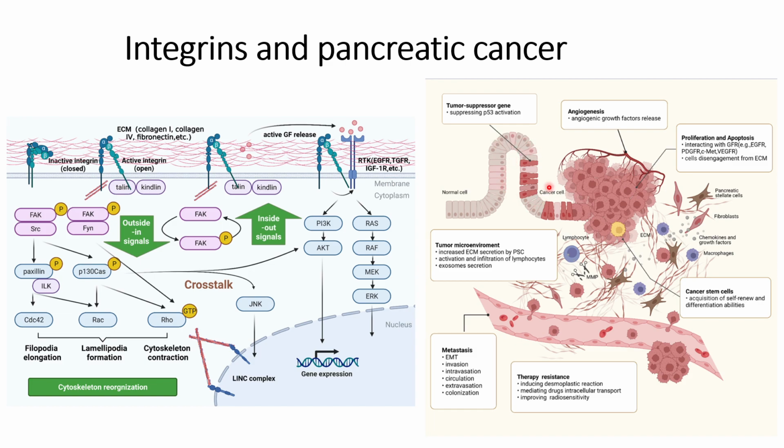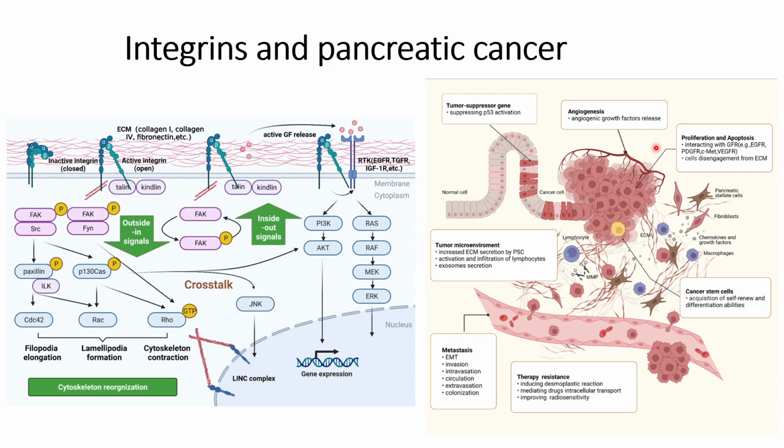Integrin beta 1 has been found from the initial stage of the onset of pancreatic cancer, that is, during the P53 mutations, and then it leads to angiogenesis.